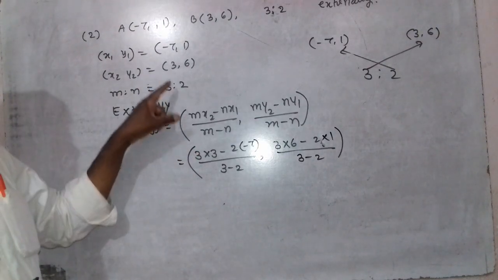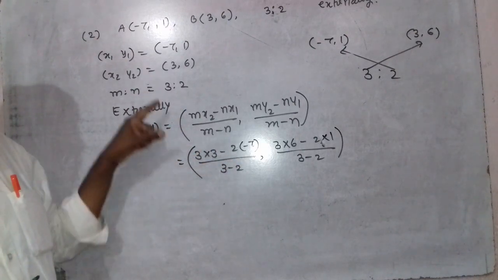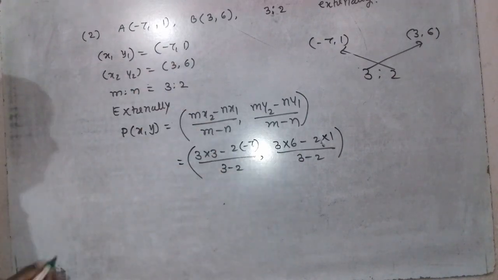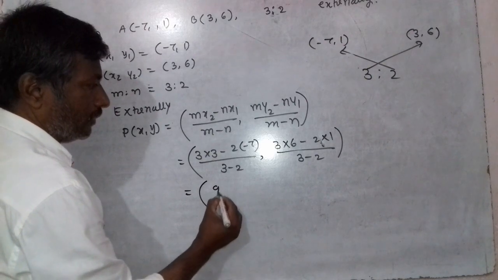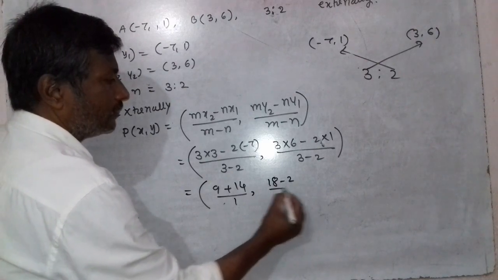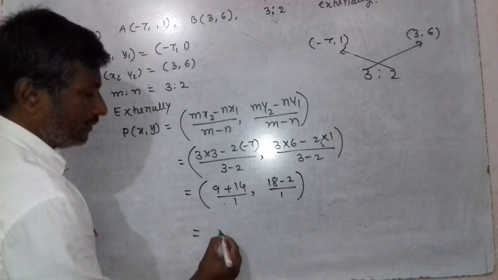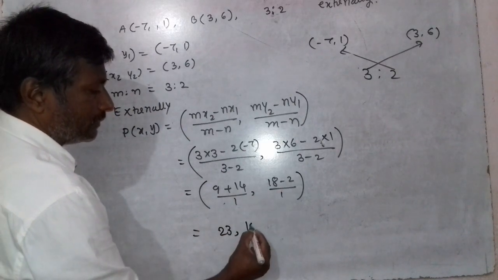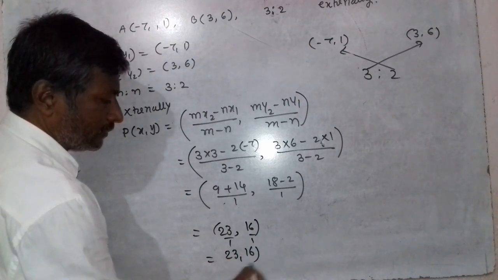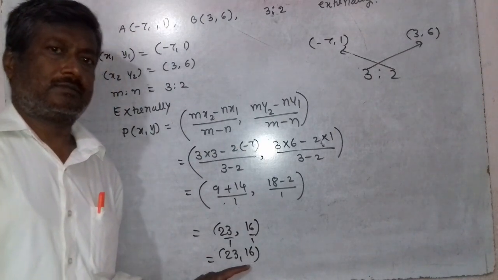So mx2 minus nx1 divided by m minus n, my2 minus ny1 divided by m minus n. So this equal to 9 plus 14 by 1, 18 minus 2 by 1, this equal to 23 comma 16. This is the abscissa, this one is the ordinate.